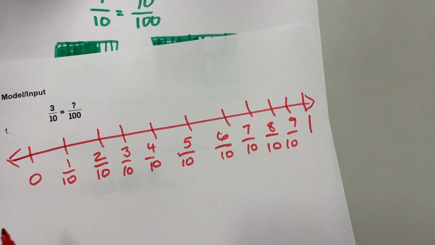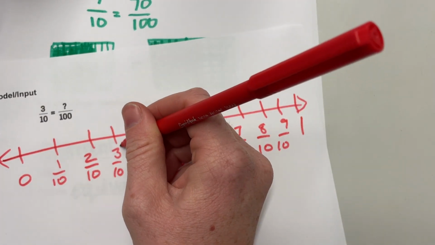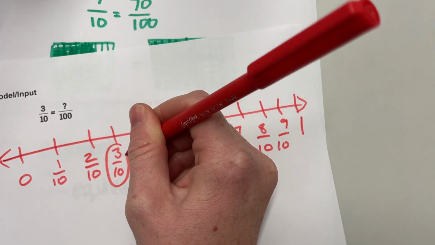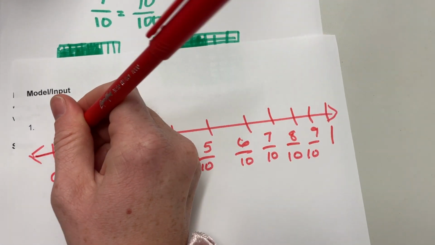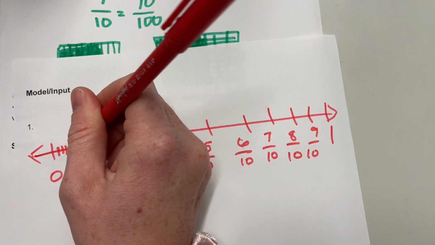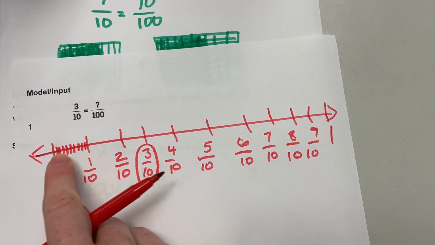If I have 3/10, I have it right here. I need to turn this into hundredths though. So I'm going to do 1, 2, 3, 4, 5, 6, 7, 8, 9. So now each one of these are hundredths.